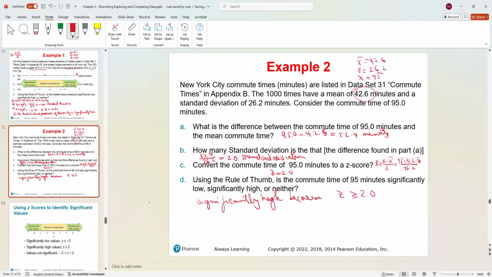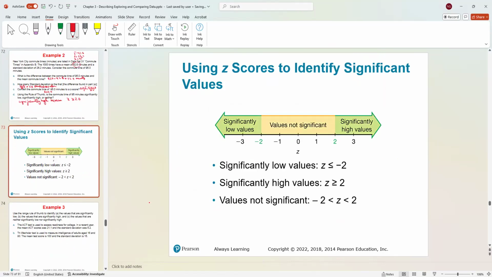If it's at least 2, then it's significantly high. And that's what it tells us here: significantly low if Z is less than or equal to -2, significantly high if Z is greater than or equal to 2, and values are not significant if they're in between. And that's exactly what happened here.